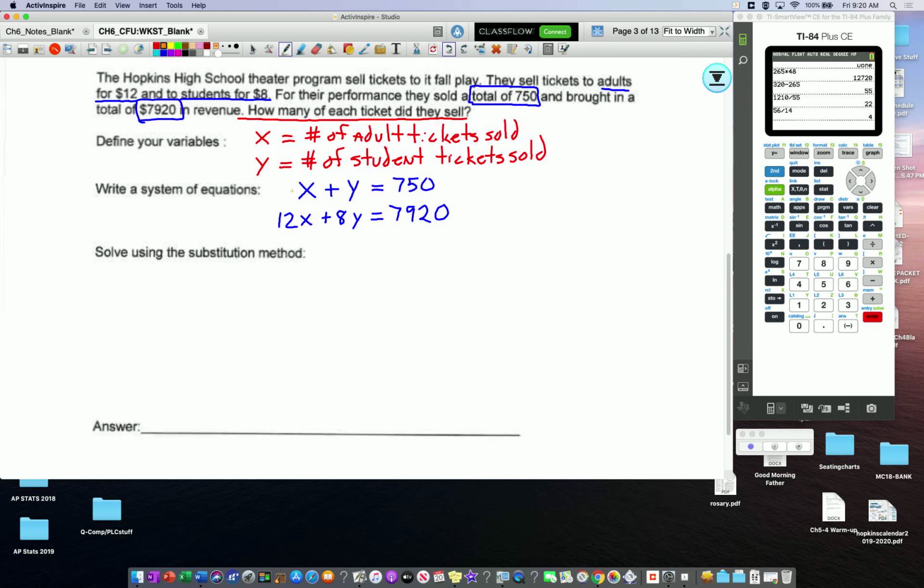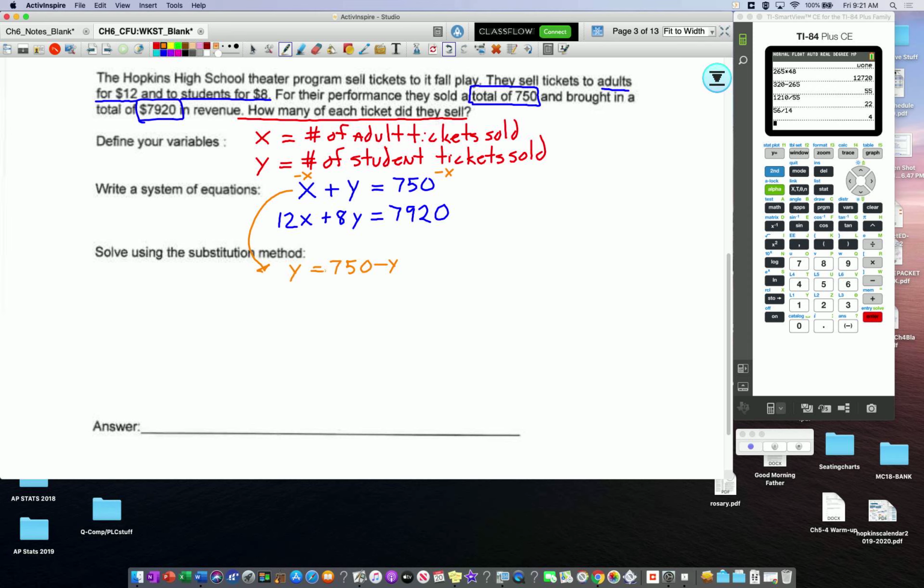All right, so now we do the substitution method. So I'm going to take this equation and get one of the variables by itself. I'm going to subtract x from both sides. So I get, let me just back up just a little. Okay. So I get y equals 750 minus x. So they cross out here, leaving me y equals 750 minus x.